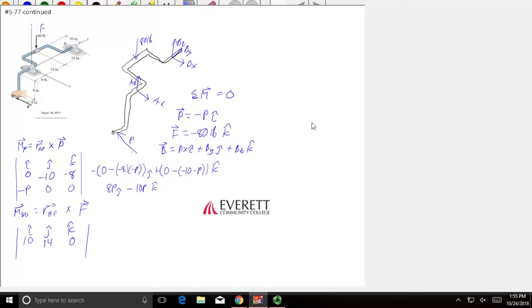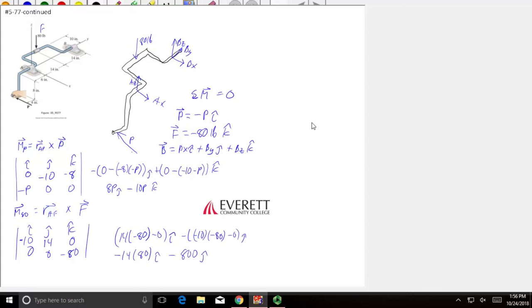And my F is going to be negative 80k. Negative 10, thank you. This will be negative 80k. 0, 0. So I'm going to get 14 times negative 80 minus 0, i. j would be negative 10, negative 80 minus 0, j. And k is going to be 0, 0.